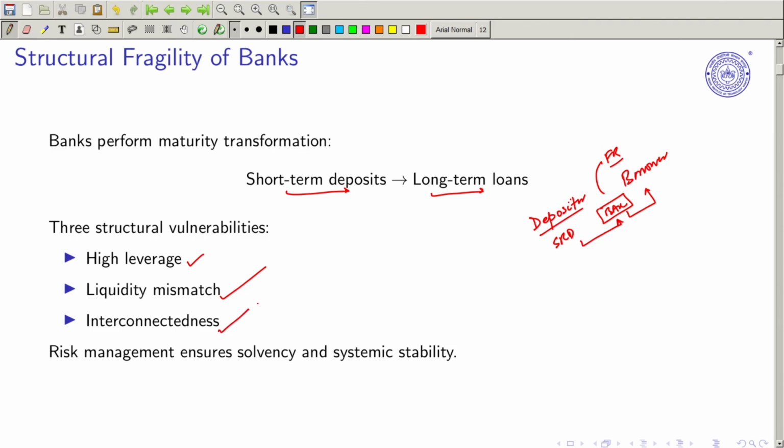The last one is very crucial, and it is some kind of recent trend which has been found. It was there earlier also, but because of the invention of the internet, network connectivity, and the majority of transactions being digital, as we saw in the case of SVB, digital transactions created a solvency problem for the bank, and the bank had to go for bankruptcy because within a minute billions of dollars were transferred from one account to another, and the bank found itself helpless.